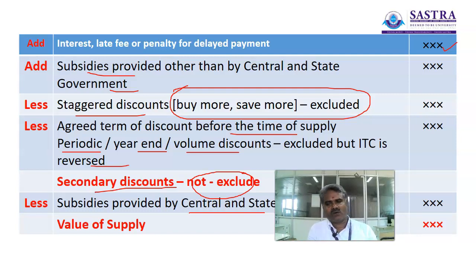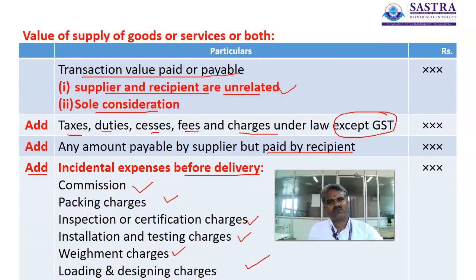Okay, so now we will get the value of supply. This is the taxable value of supply, my dear students. Once again we will discuss, because this is very, very important. Transaction value, paid or payable, applies when supplier and recipient are unrelated.